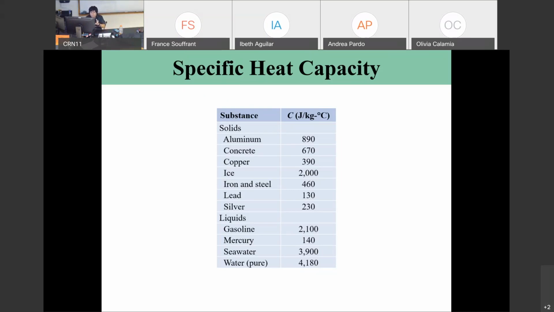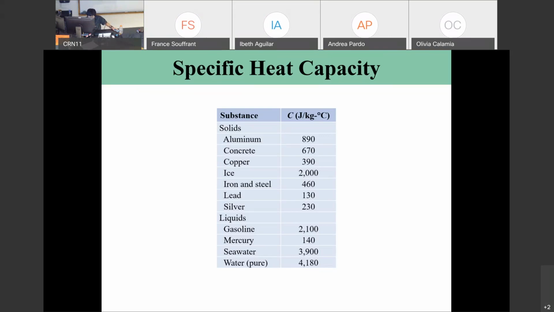If you put a piece of iron on top of a Bunsen burner that you use in the chemistry lab, you will notice that after a few minutes, it's already hot. That doesn't happen with water, right? When you want to boil water on the stove, it can take more than 5 minutes, sometimes 5, 6, depending on the amount of water, of course.